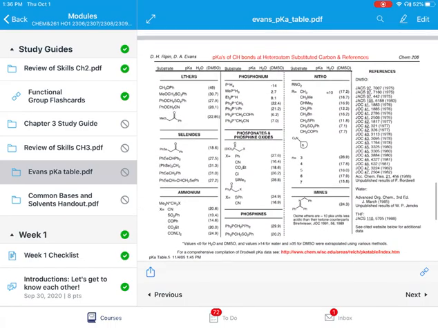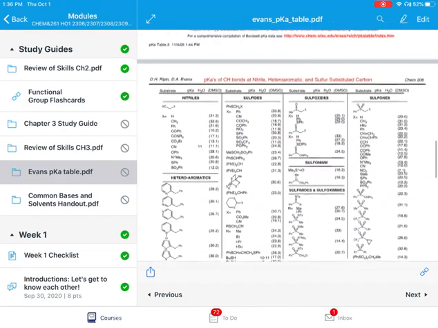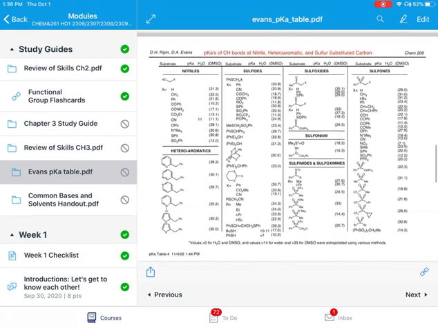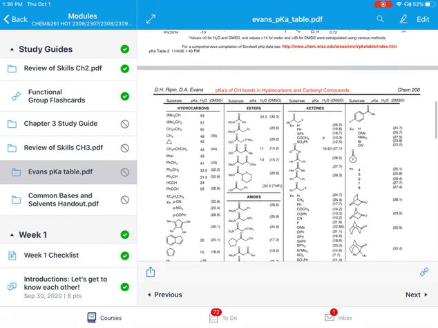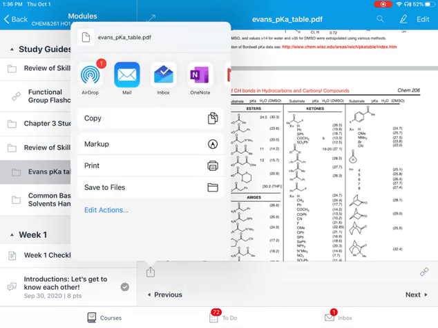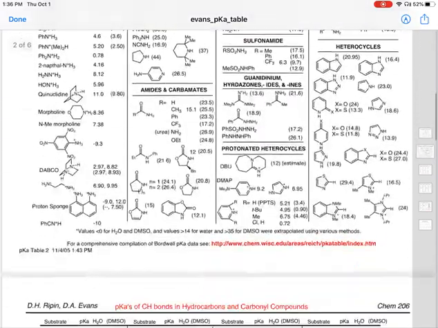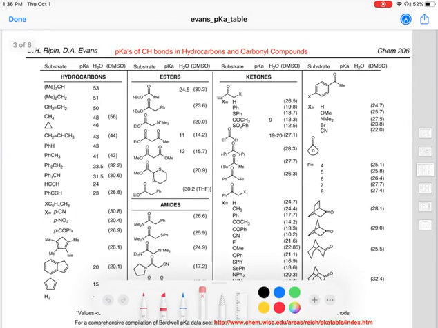So we're looking for, again, acetylene. So let's see if we can find that. Here it is. I'll mark it up here. All right, so if we go to the third page, where the hydrocarbons are, it's located right here.